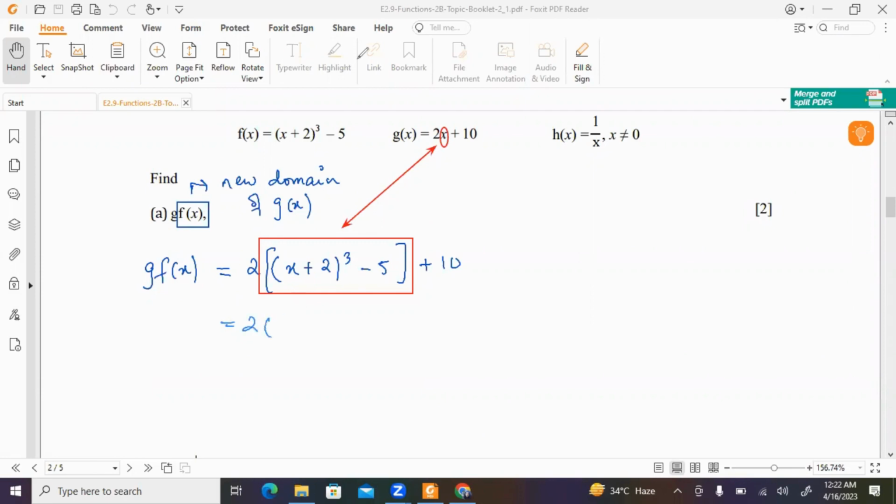It's going to be 2 times (x plus 2) cubed minus 10 plus 10, which is 2 times (x plus 2) cubed. That is your composite function for g of f.